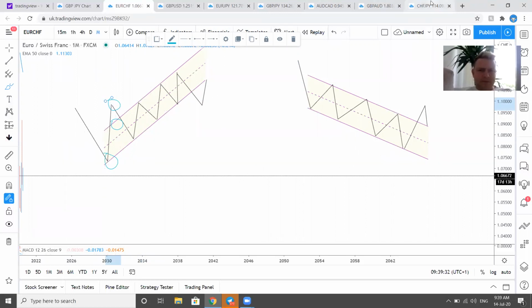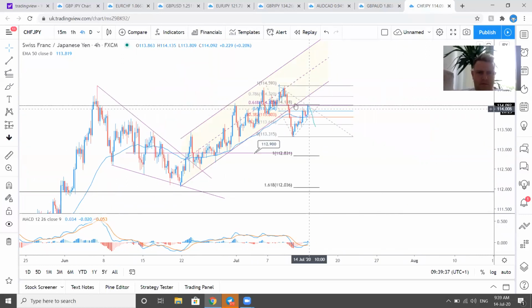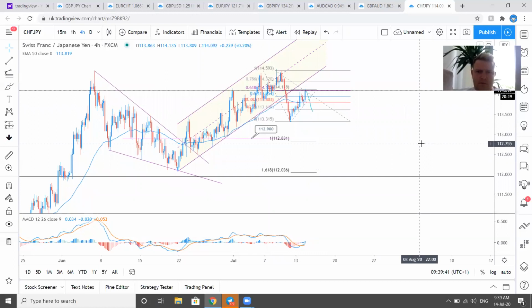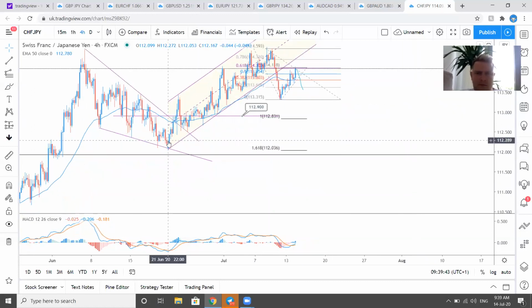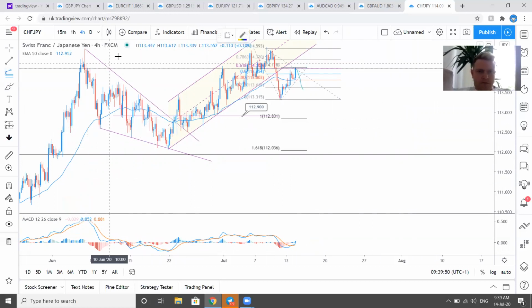Perfect. So if we then come back to this pair that we were looking at, we've applied the fib to our actual trend itself, high-low retrace. If we then apply the fib to this channel, where do you think our clicks should be going? So the first click is going to be the high of wave one.